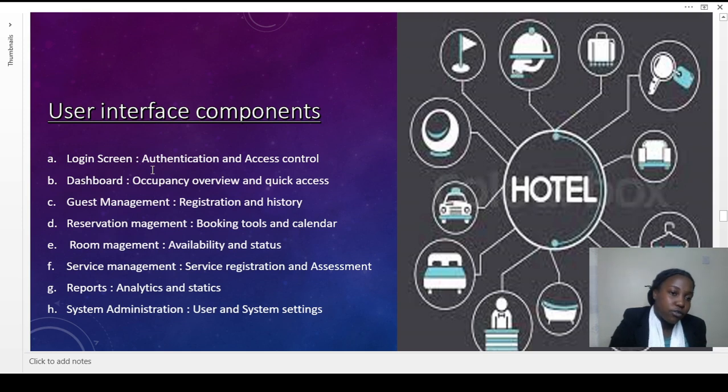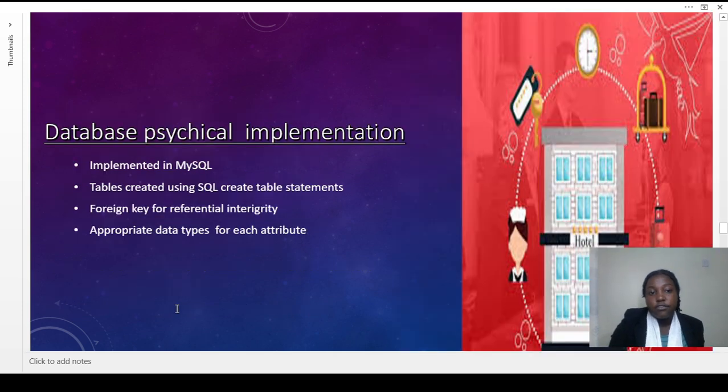We have the login screen, which is basically authentication and access control, for the hotel and that of the guest. We have the dashboard for occupancy overview and quick access, guest management, reservation management, room management, service management, reports, and system administration.